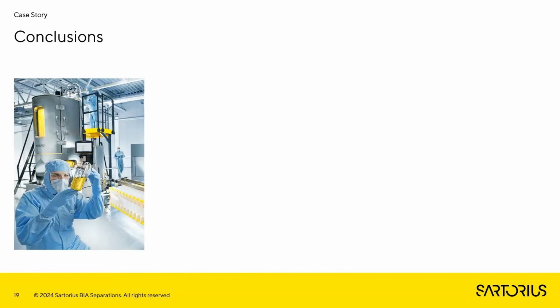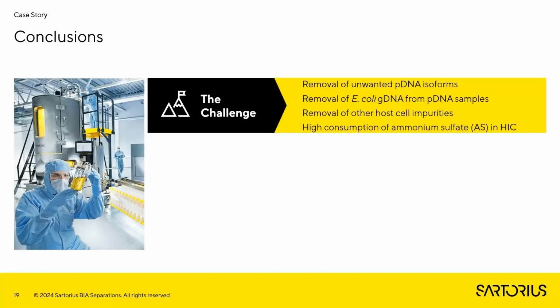So let's make some conclusions at this point. We started with the challenge, actually several challenges, which are removal of impurities like unwanted plasmid isoforms, genomic DNA from E. coli, and other host cell impurities.